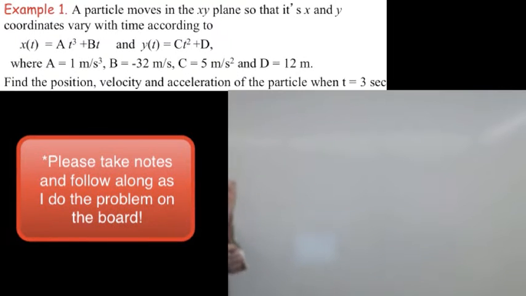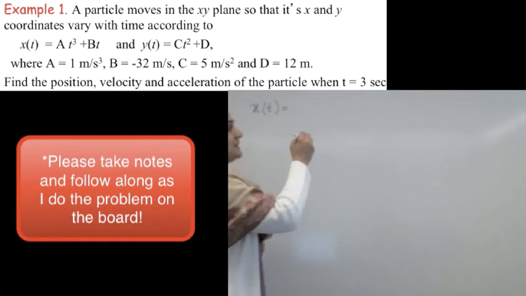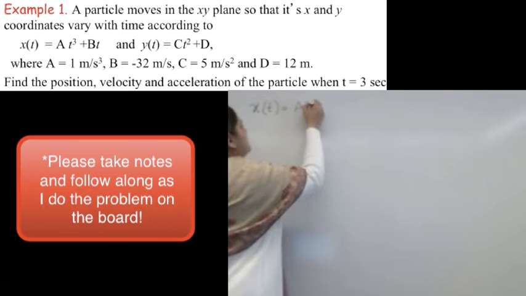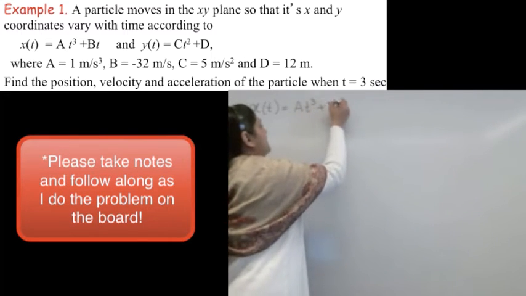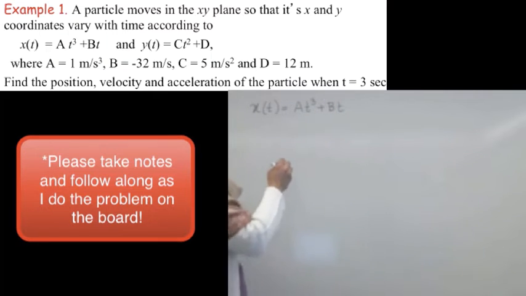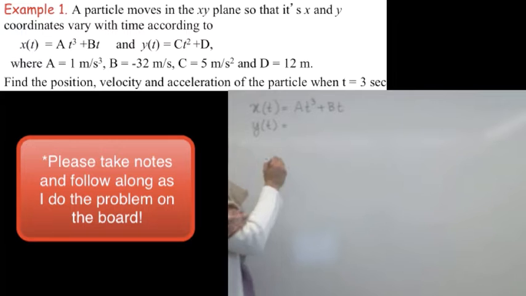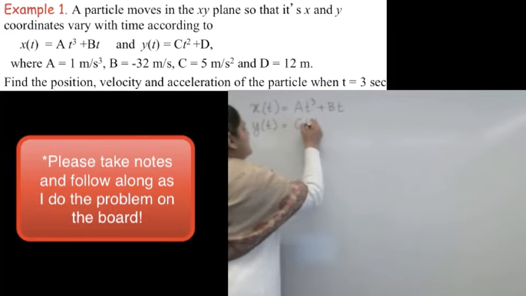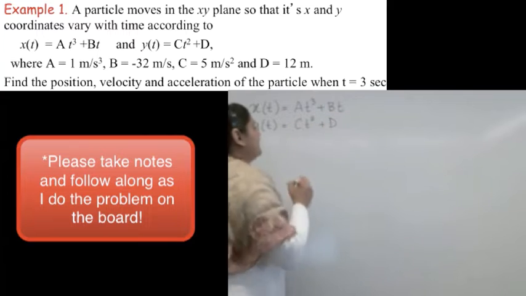In order to solve this problem, first of all, we are going to write what is given. We are given x as a function of t, which equals at cubed plus bt, and y as a function of t equals ct squared plus d.